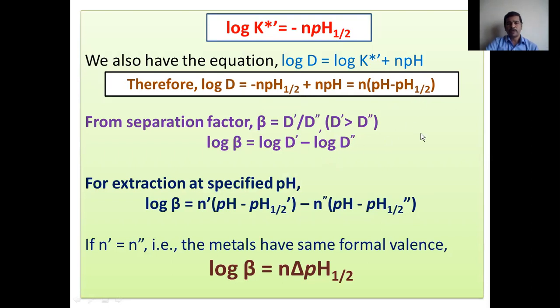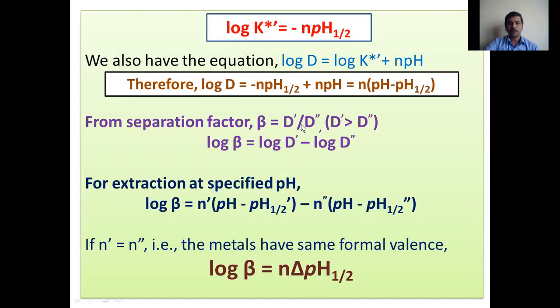If two metals are present in the sample solution, we need to understand the separation factor. Separation factor means one analyte must be extracted with greater efficiency without extracting the other analyte. If two metals are present, we have to concentrate on only one metal to be extracted with greater efficiency than the other metal. Beta is the separation factor.